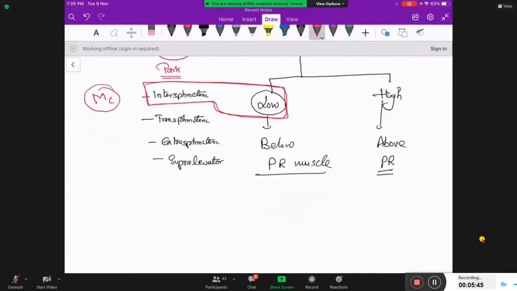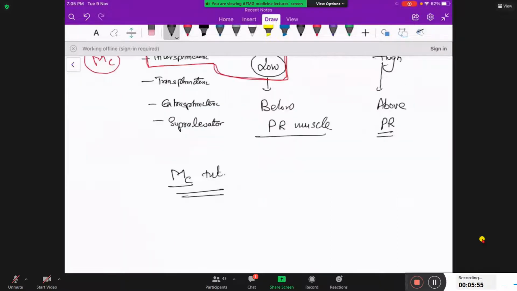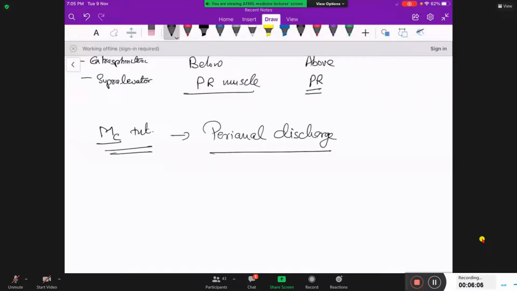Now, how is this patient going to present to us? The most common presentation will be perianal discharge, and most of the time, again a question asked, this discharge is a pus discharge.